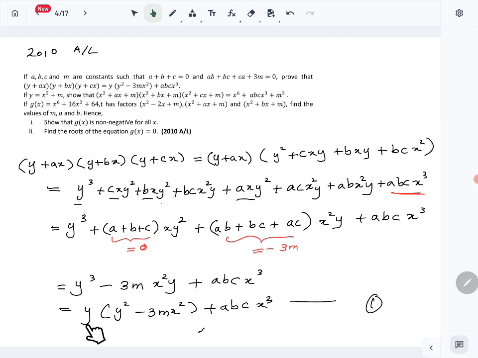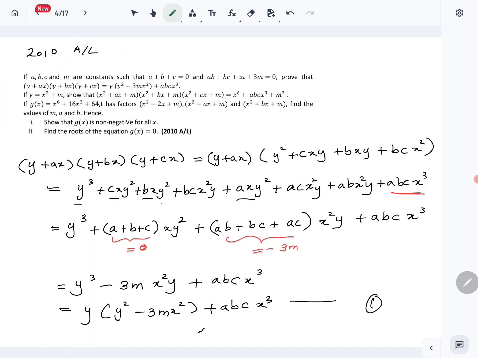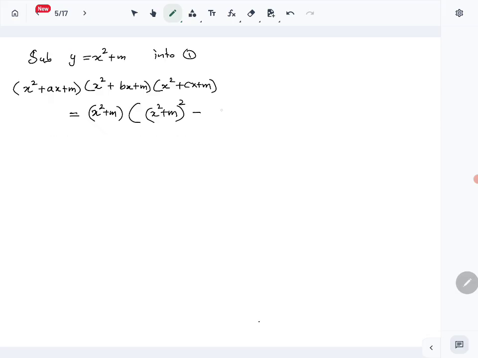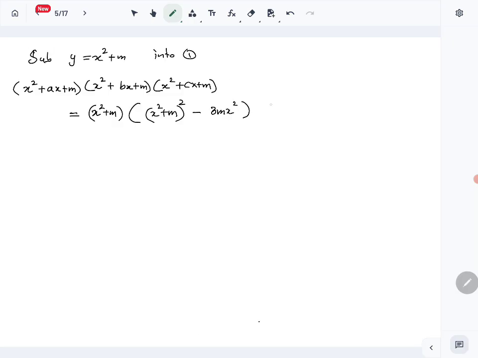Then on the right hand side substitute here. So we'll get what? y is x squared plus m, then y squared, so x squared plus m whole thing squared, minus 3m x squared, plus abc x cube.